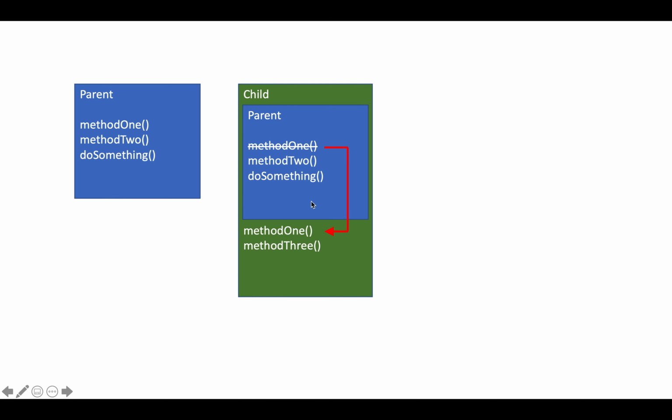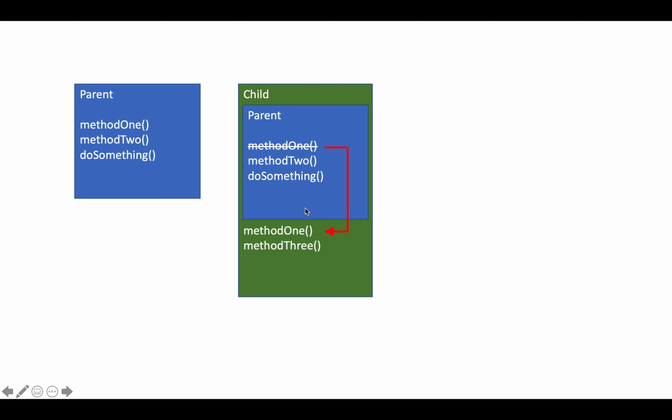And so you'll notice what I've done here is I've crossed out method 1 and I've drawn an arrow from it to this method 1 over here. And that's because, as you'll recall, child overrides method 1. So now I have this method 1 and I don't really have this one anymore, okay?